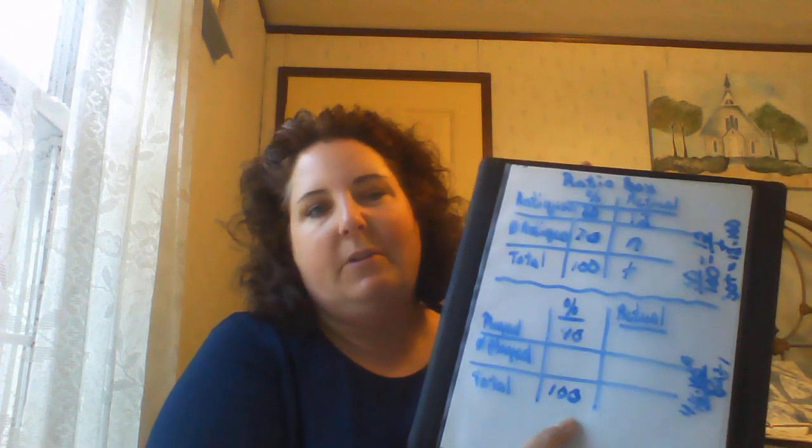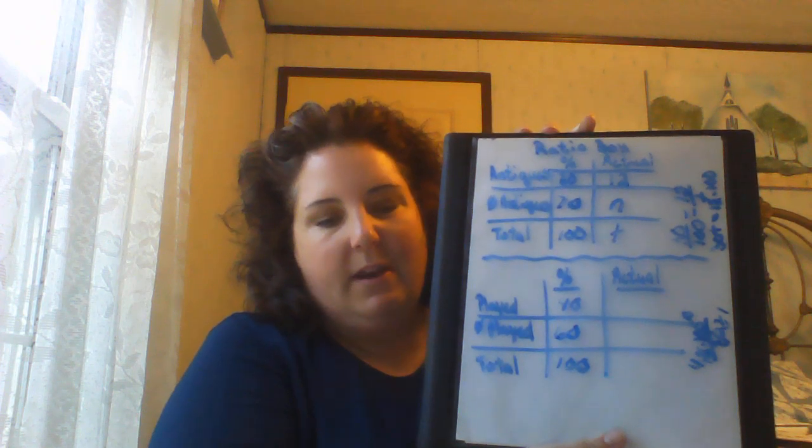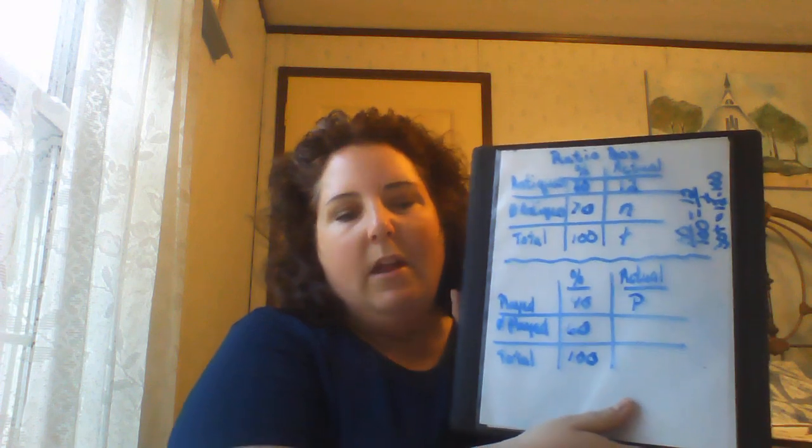Now, 40 plus what equals 100 to figure out what is the percentage of those that did not play. So the percentage of those that did not play is 60. So I put that in. Okay, so now I don't know how many students played yet. I'm going to erase that part. I don't know how many students played yet, but I do know that 24 students did not play.